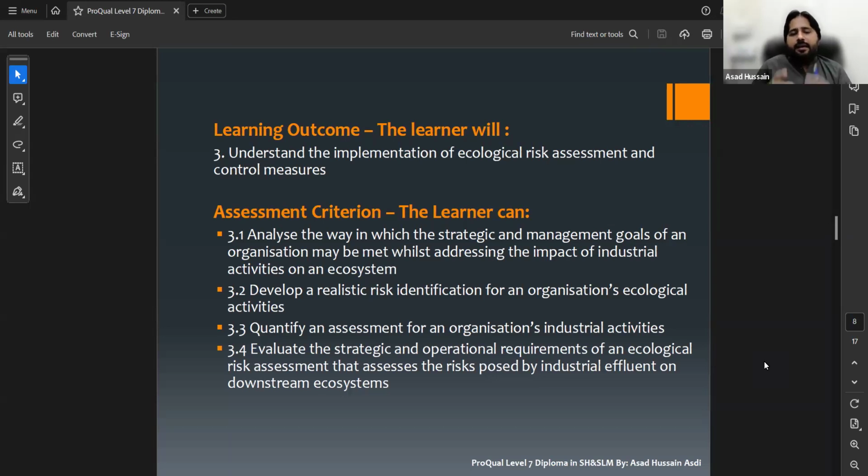Basically, an analysis is required on how the strategic and management goals of an organization may be met while addressing the impact of industrial activities on the ecosystem. Simply, the analysis is required on how the strategic and management goals of an organization are addressing the activities in the organization which can destroy the environment or impact negatively on the environment.